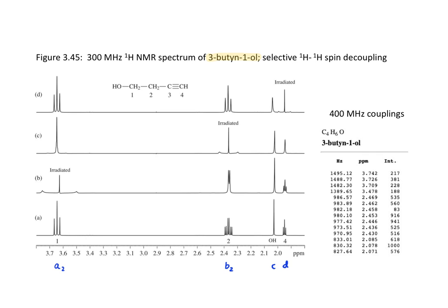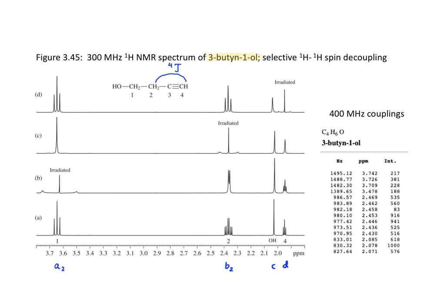What I want to point out in particular is that there is a 4-bond coupling between the hydrogens at carbon 2 and carbon 4. This is not unusual for alkynes due to the rigidity of the carbon-carbon triple bond.